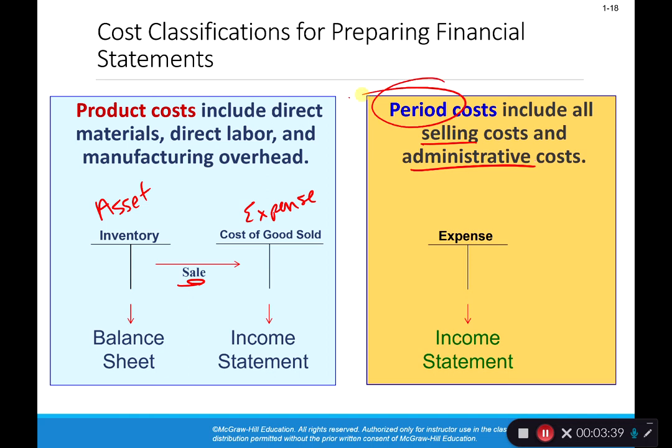That's why they're called period costs, because we expense them as soon as we use them. They don't become assets first like our product costs do. So it's really important that we appropriately identify product versus period costs, because it's going to have an impact on the income statement. If it's a product cost, it doesn't become an expense until it's sold, whereas period costs get expensed right away and affect net income right away.